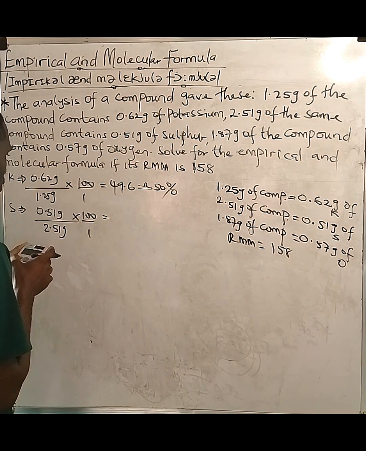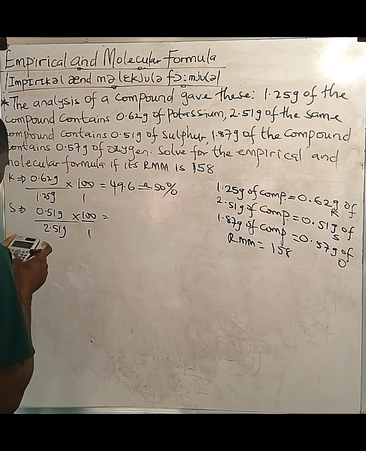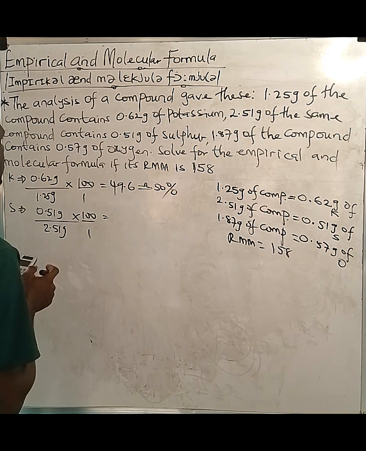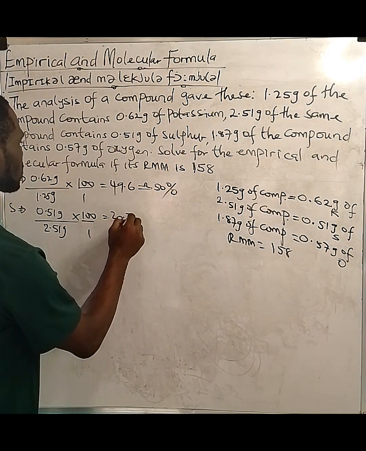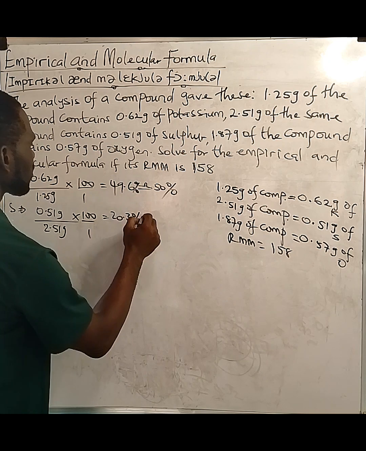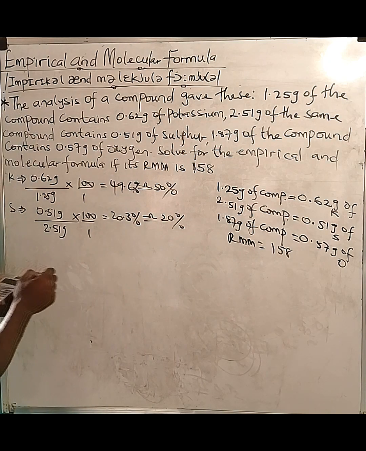So 0.51 times 100 divided by 2.51 will give us 20.3%, which is approximately 20%.